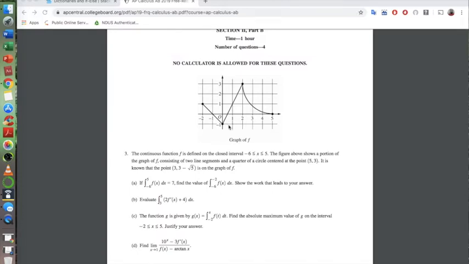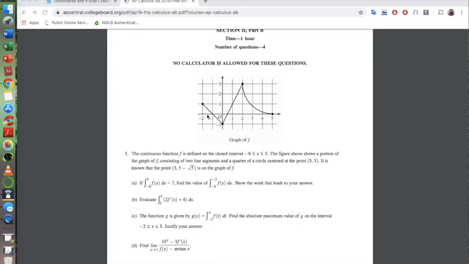Next one. The function g is given by g of x equals the integral from negative 2 to x of f of t dt. Now this is just kind of confusing language. We're still talking about the same function here, but we're saying that g of x now is equal to, well, if we're moving from the left to the right, we'll say from negative 2.